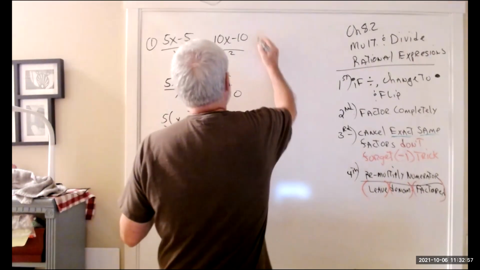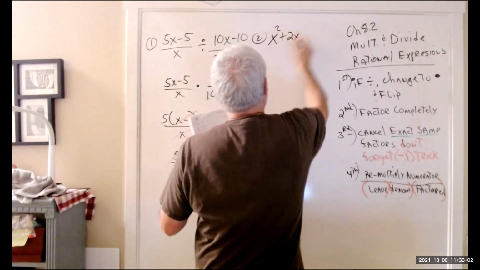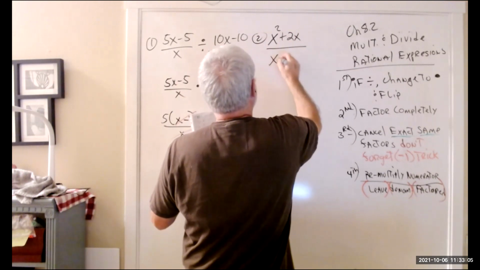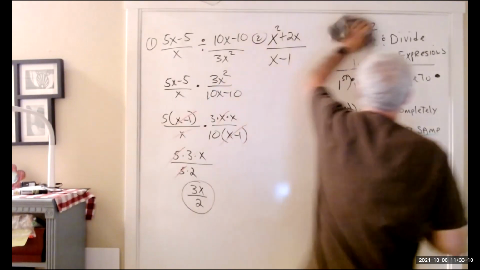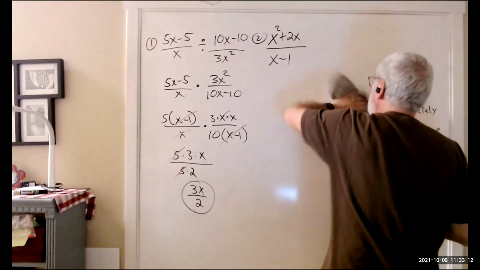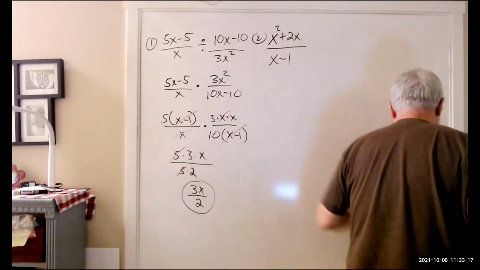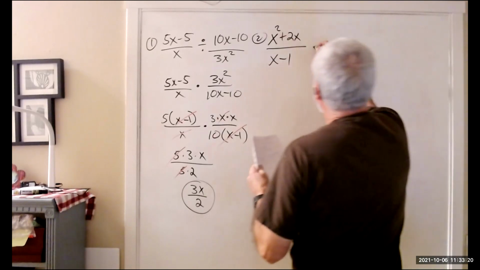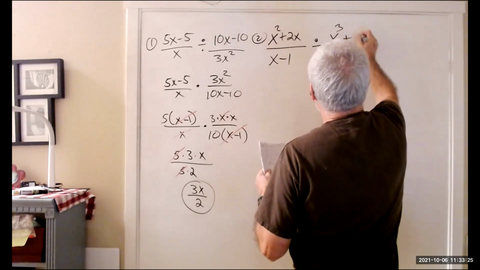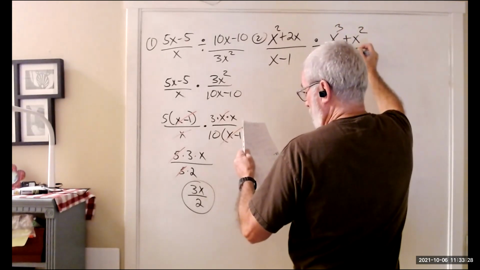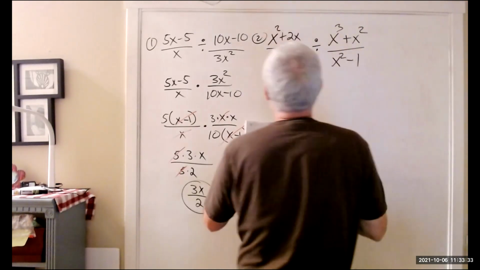Okay. x squared plus 2x over x minus 1, divided by x cubed plus x squared over x squared minus 1.